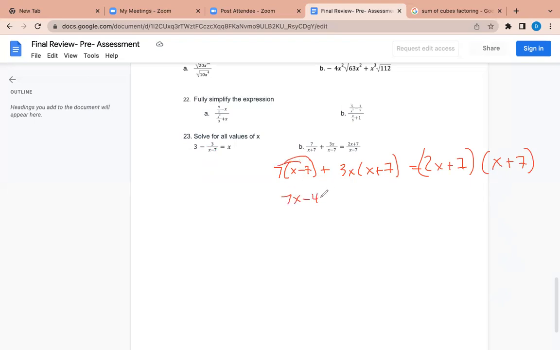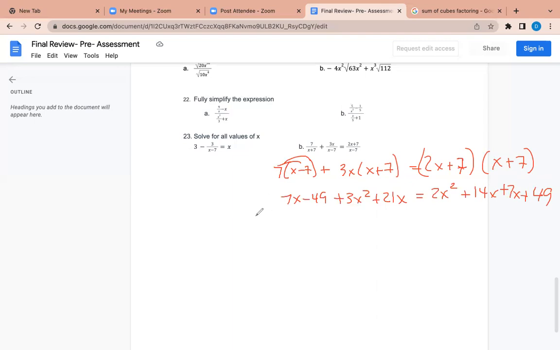7x minus 49 plus 3x squared plus 21x. And FOIL that out equals 2x squared plus 14x plus 7x plus 49.